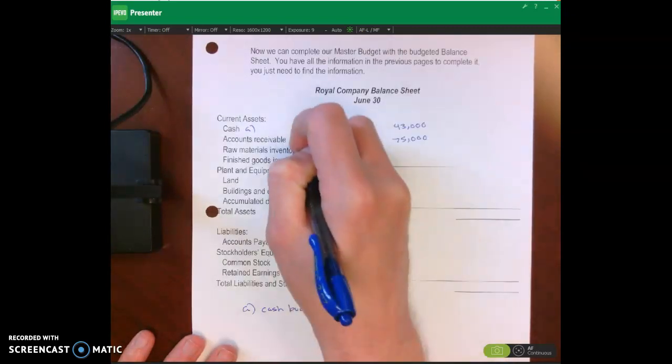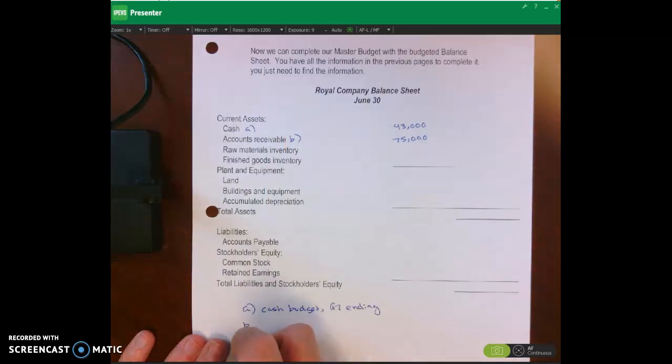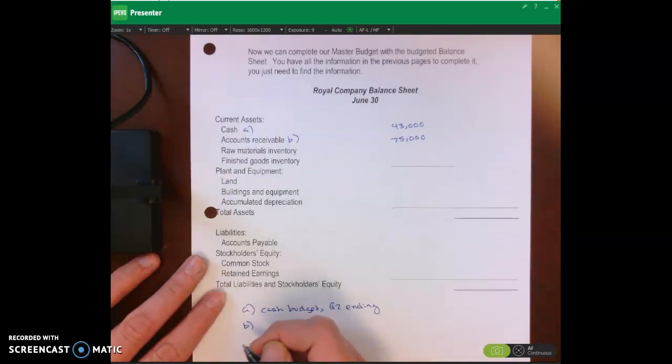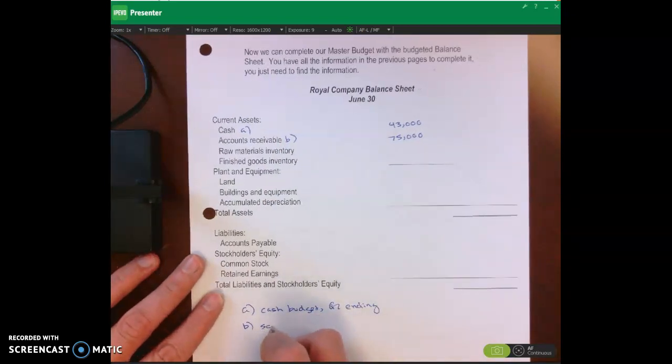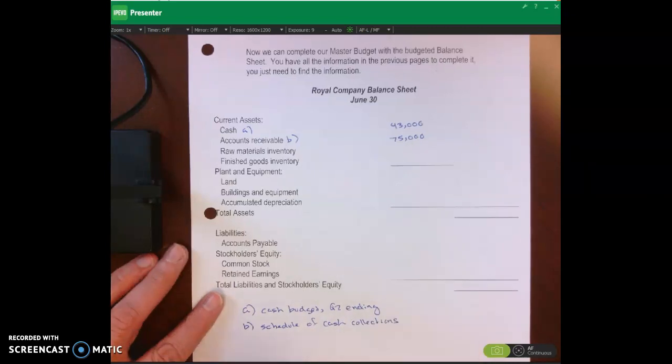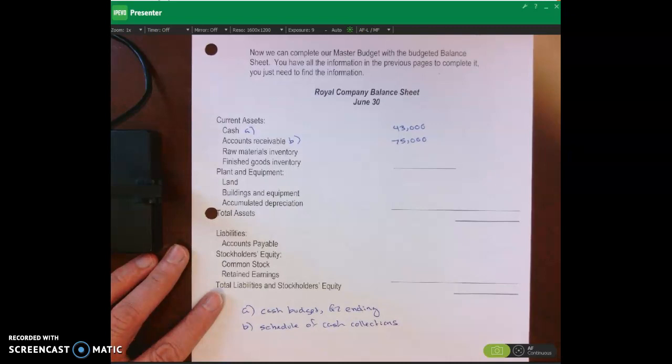Accounts receivable, $75,000, and I'll put B. And that is from our schedule of cash collections, which was the budget that we did in a prior lecture video. That was right after the sales budget.